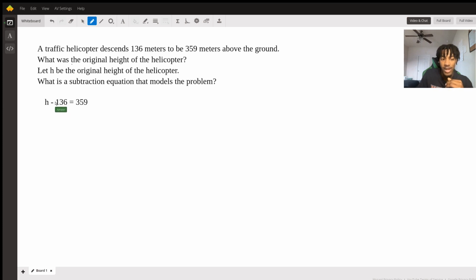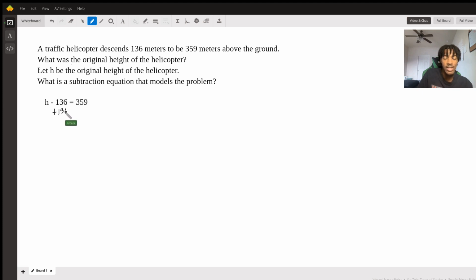The opposite of subtraction is addition. In order to make negative 136 0, we have to add 136. So I'm going to go ahead and get my drawing tool, and we're going to add 136.